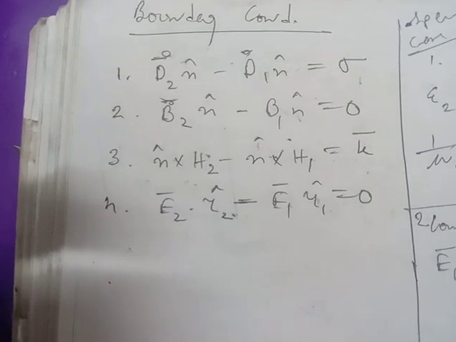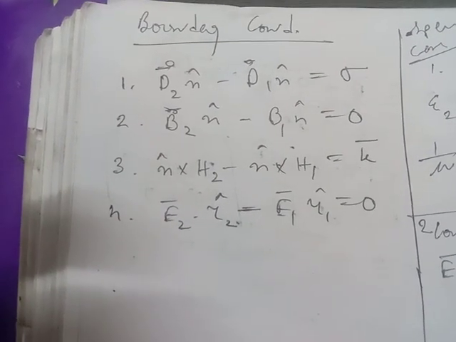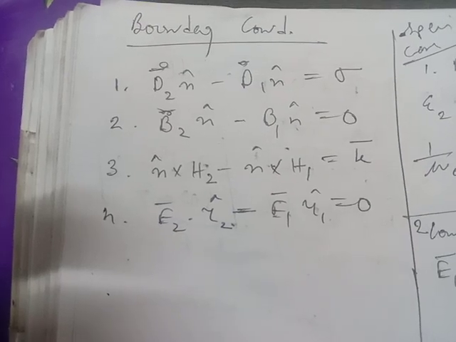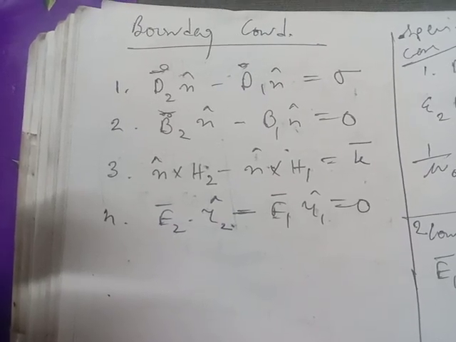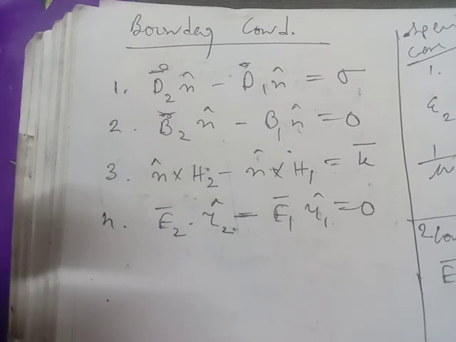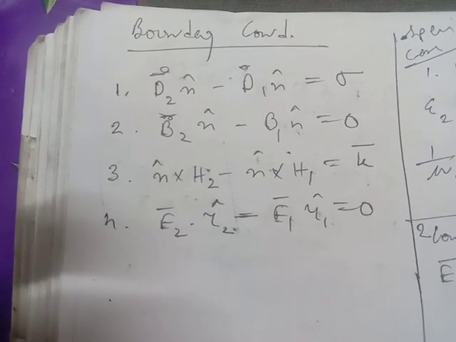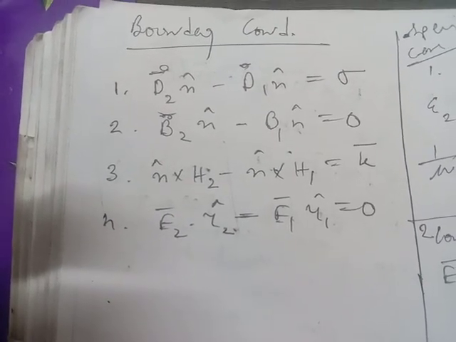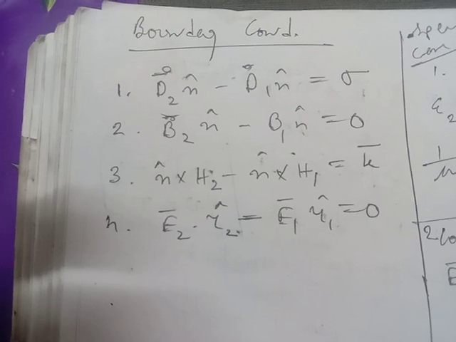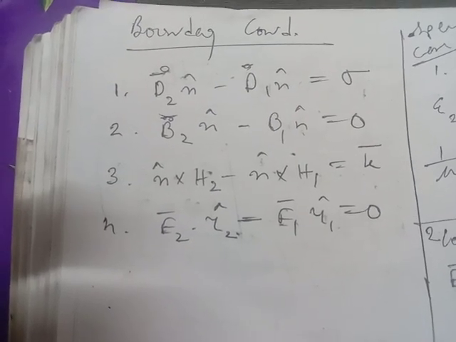And the second point, which is B2 n cap minus B1 n cap equals 0, means the difference between the normal components is 0. That is, the normal component of the magnetic field is continuous. There is no change there.